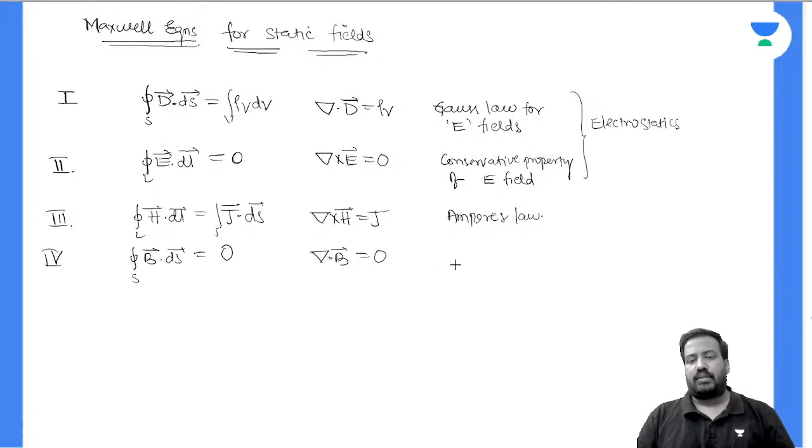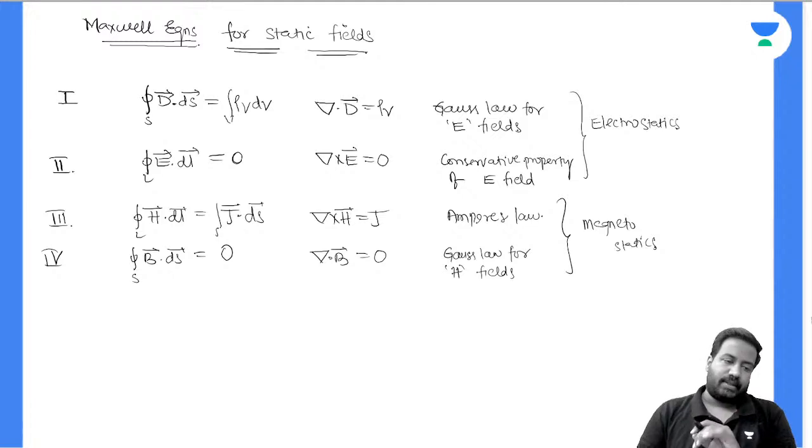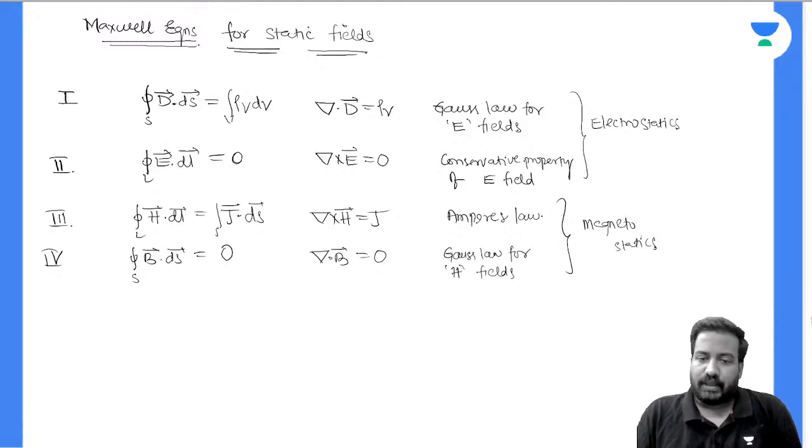Del dot B is equal to 0. Source: Gauss law for magnetic fields. These both are for magnetostatics. These four equations are nothing but Maxwell equations for static fields.